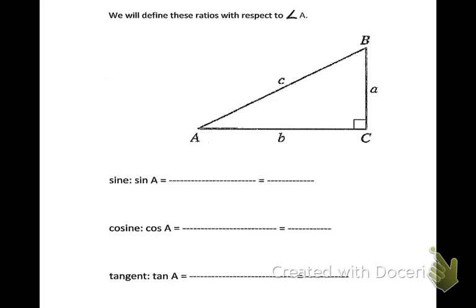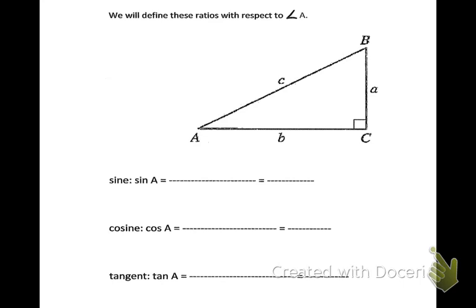We define these ratios with respect to, in this case, angle A. So the sine of angle A, abbreviated sin A, is going to be, well, first of all, let me label the sides of the triangle.